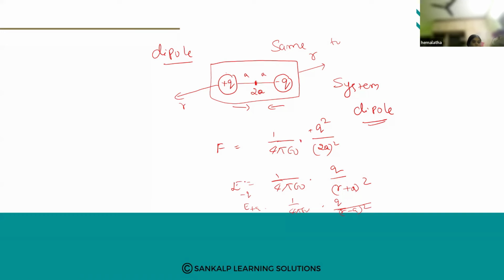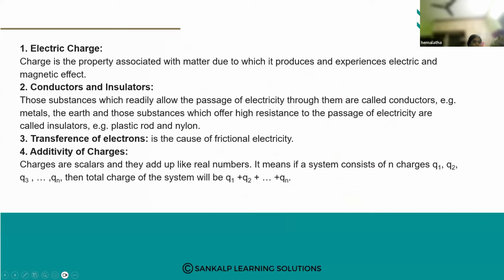If you add the electric field due to both the charges, E is equal to q divided by 4 pi epsilon naught into 1 by r minus a whole square minus 1 by r plus a whole square.